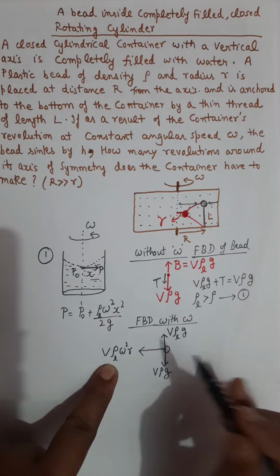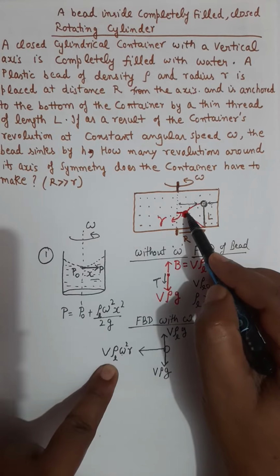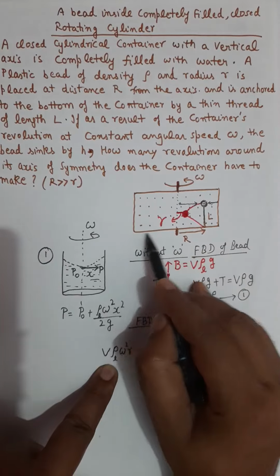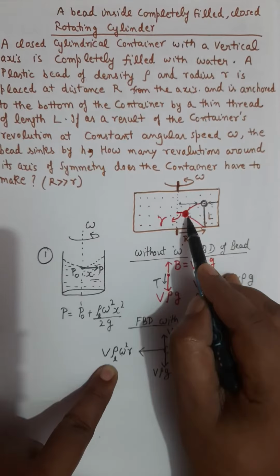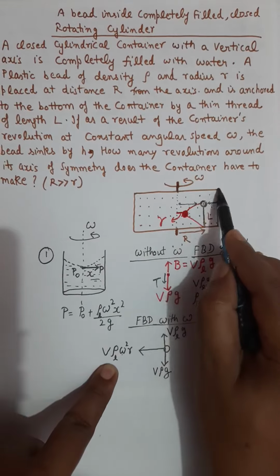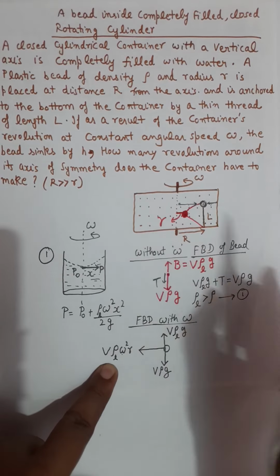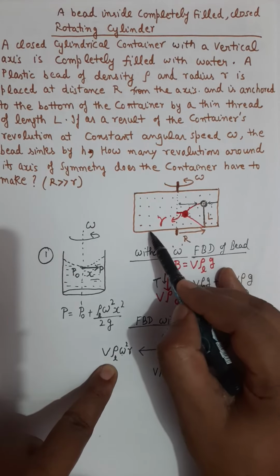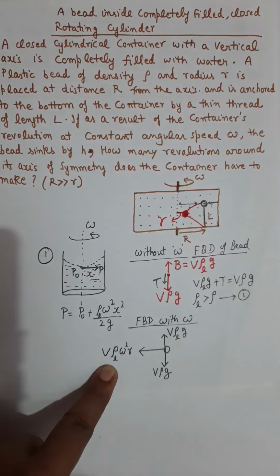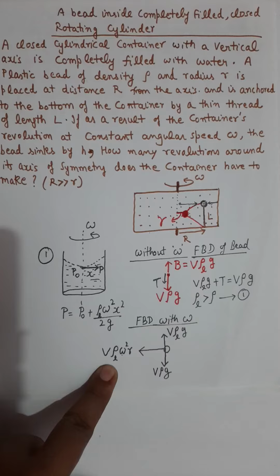and then the bead is now inside a rotating frame. The bead is in equilibrium with respect to a rotating frame, and mechanics says whenever a particle is inside the rotating frame, it will experience centrifugal force away from the axis.